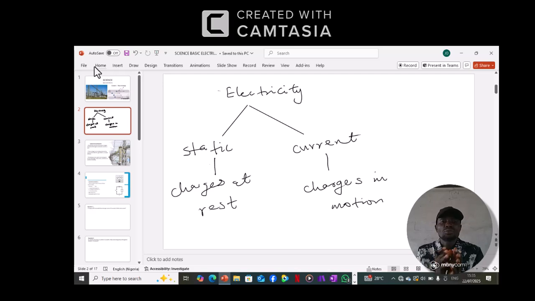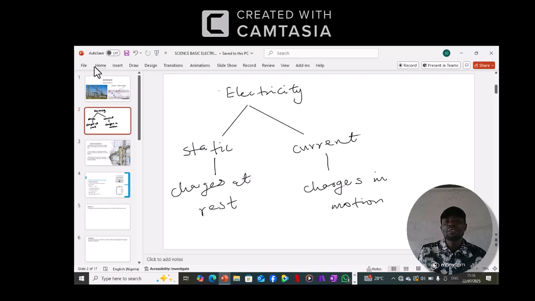So when an atom loses an electron, then the body has more protons than electrons. You know that electron is negatively charged, while the charge that proton carries is positive. So when we have more positive than negative, that means we have more protons than electrons.